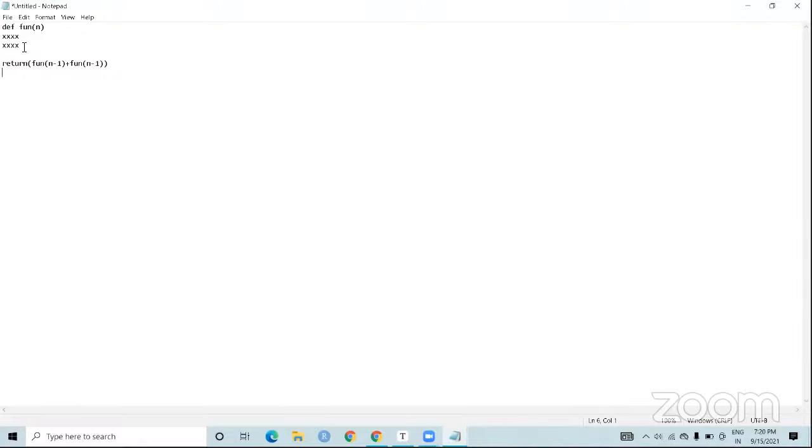We have to write the recurrence relation for this one. T of n means the time complexity recurrence that we want to calculate. So T of n is our program. It is calling itself n-1 times.